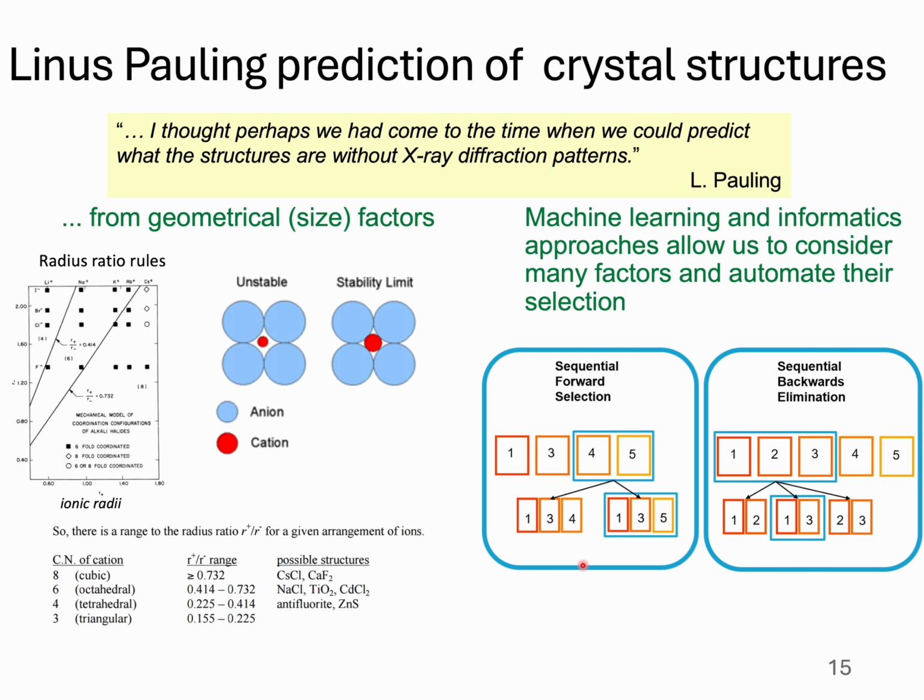And he got quite good results, but he used just geometrical or size factors in his research. Now with machine learning and informatics approaches, we can consider multiple factors at the same time and define what factors we are going to use and what factors we are not going to use, and do it with feature selection or feature importance research, and we can define what factors can be used to classify different crystal structures from each other. And here's the main idea of our activity.